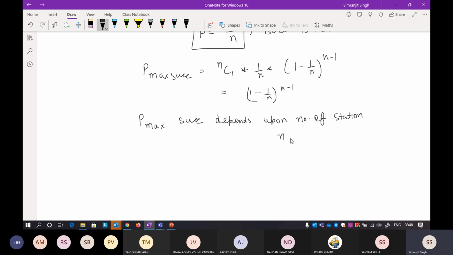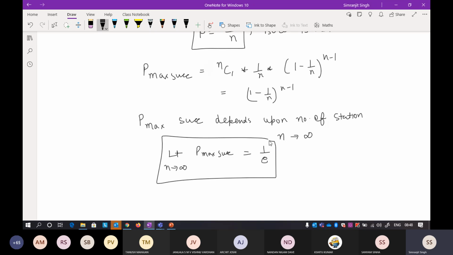If your number of stations is very large, approaching infinity, you can take the limit as n tends to infinity for the maximum P success, and you will find that the actual answer is 1 over e. So this will be your probability of success, 1 by e.